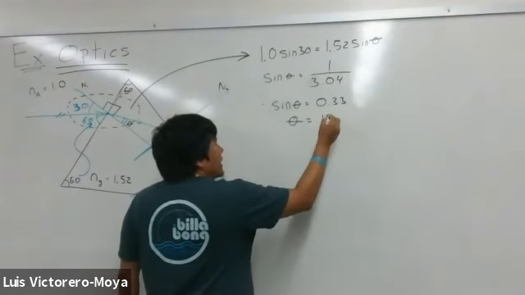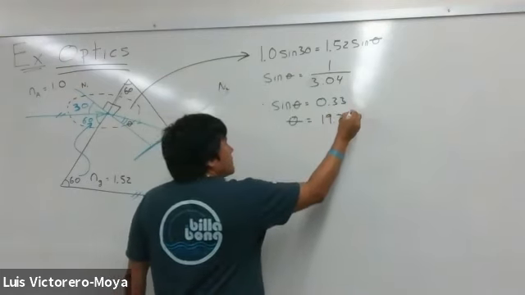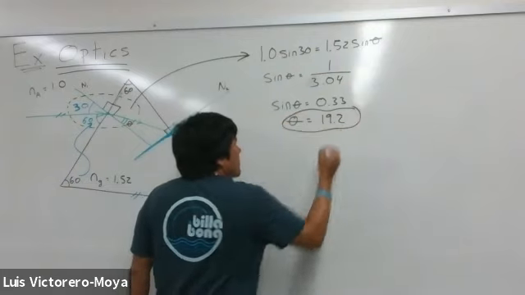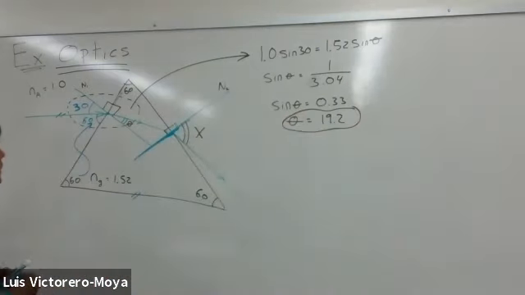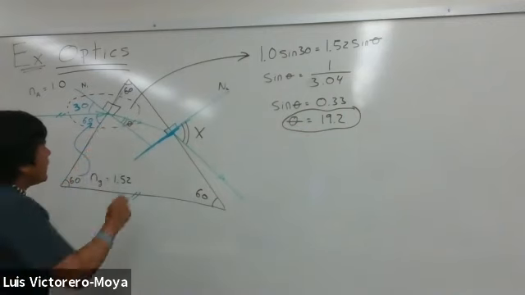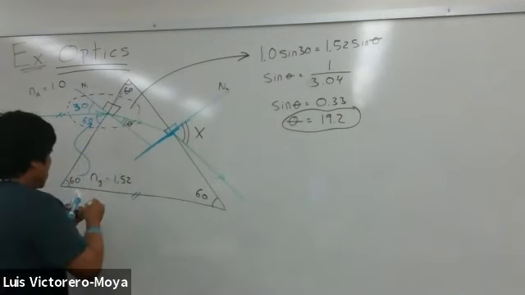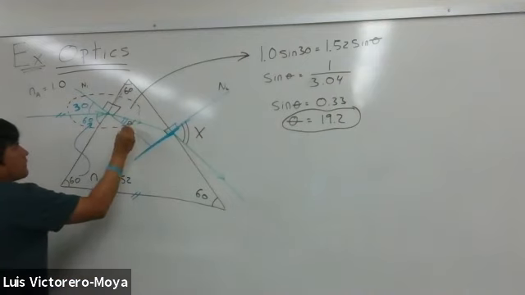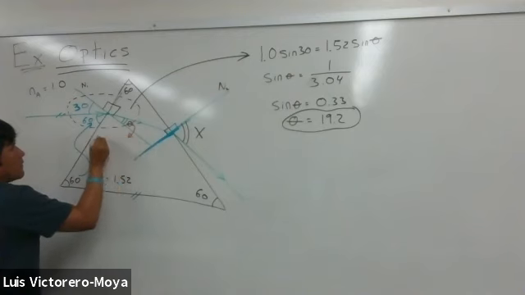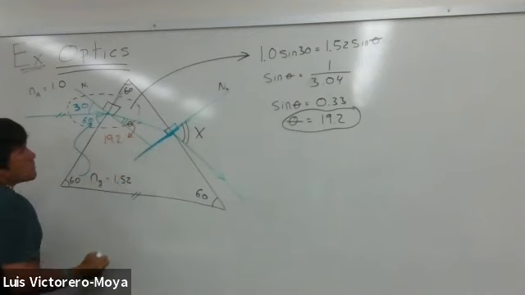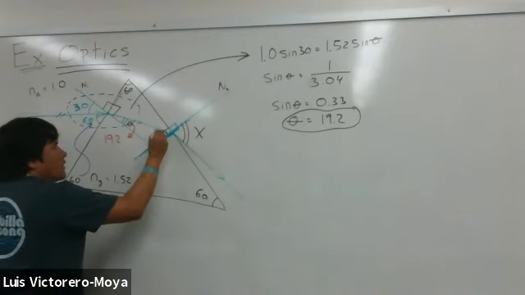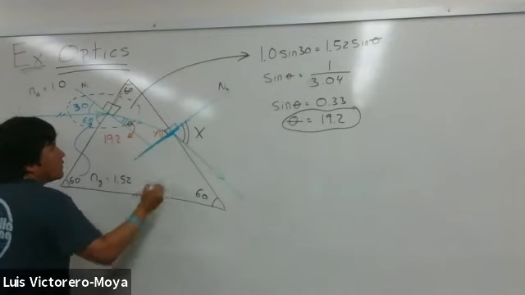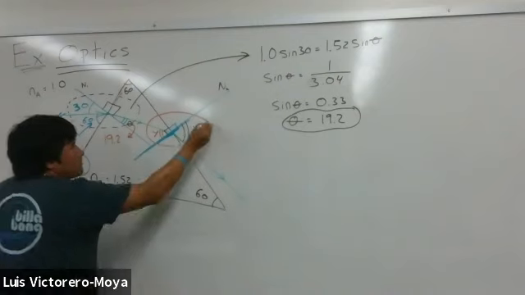So that's your first answer. That's the angle here, right? So let's do it here only. So this is here, 19.2 degrees. But I want this angle here, I want to call it angle Y, to apply Snell's law here.